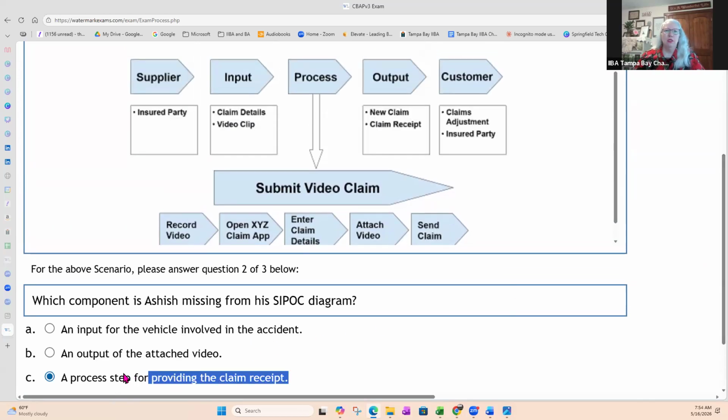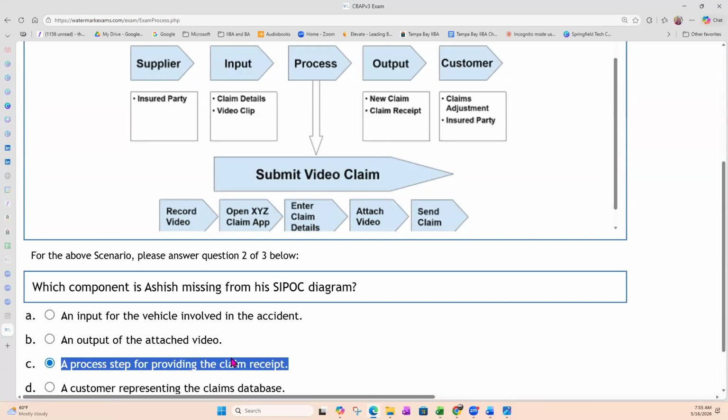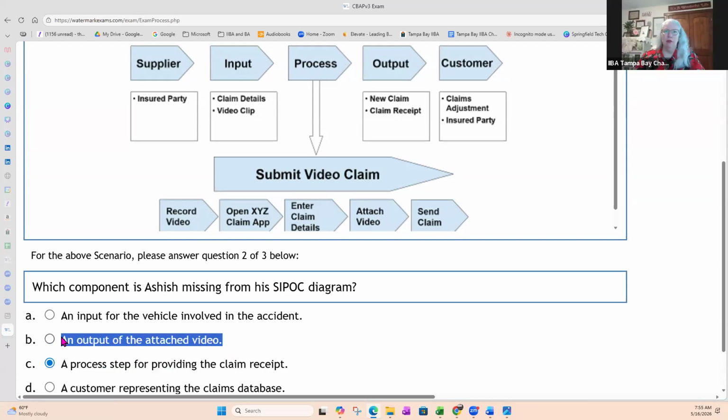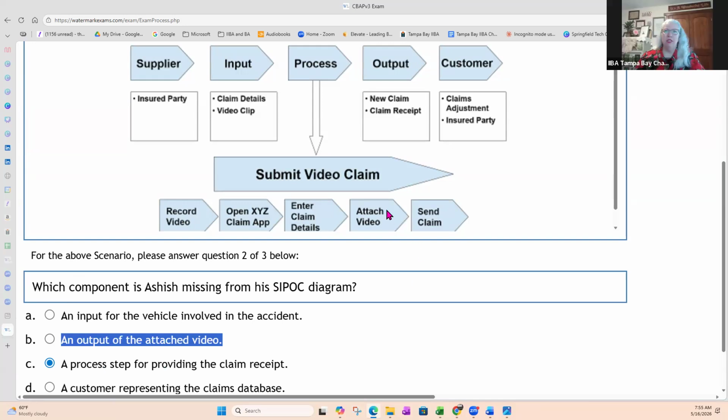Do we need a process step for providing the claim receipt? We've got an output, new claim and claim receipt. Do we need a process step for that? No, I don't think we need. Do we need an output of the attached video? No. We have attached video.